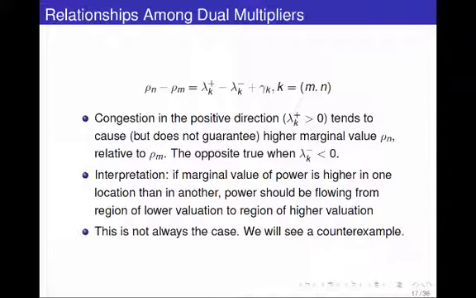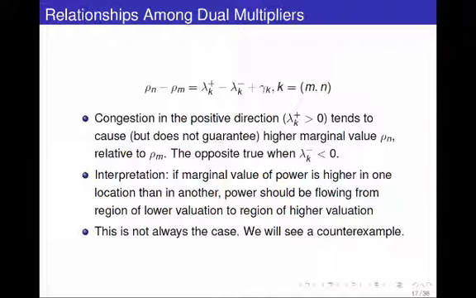If the lambda of this line is positive, then that tends to make this difference positive. It doesn't necessarily make it positive, but it helps it from the first term here. This gamma might cancel that out, but there's a bias already from the lambda plus here.